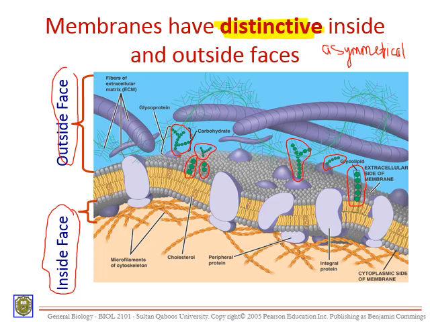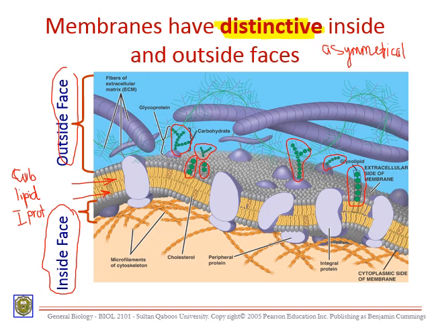The two layers also differ in the other components. They differ in the integral proteins, and they differ in the lipid composition. So all of these things differ: the carbohydrates, the lipid component, and also the integral proteins.